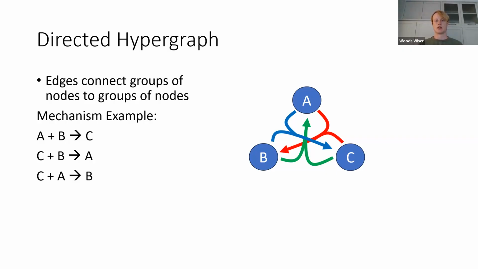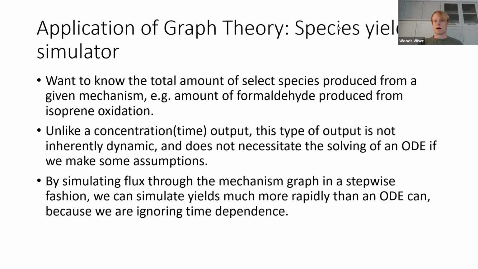And you can already visually see this is a bit messier, and that kind of extends to actually trying to apply this to any sort of algorithm, in my case for reduction purposes. So I'm going to talk about an algorithm that I use within my main goal of mechanism reduction, and talk about it through the lens of each of these types of graph, and show how it gets progressively harder to make this algorithm work.